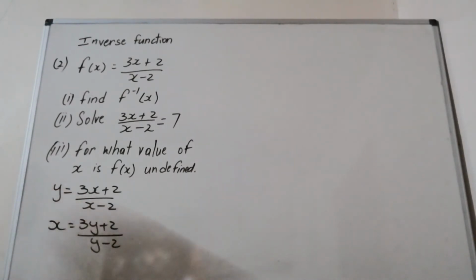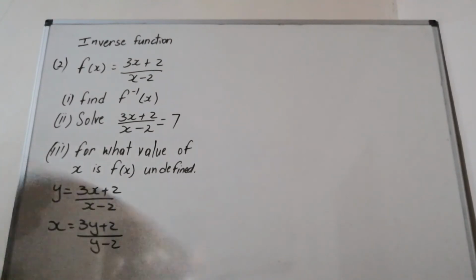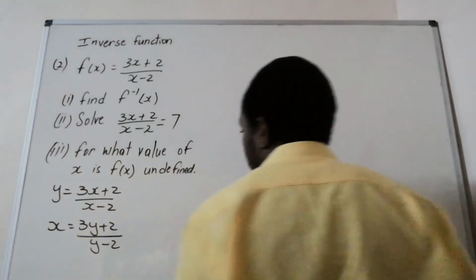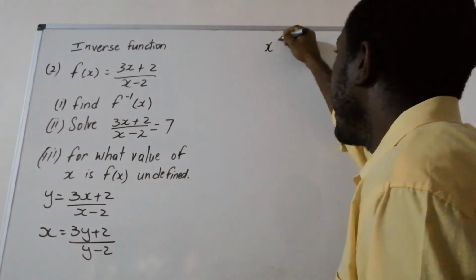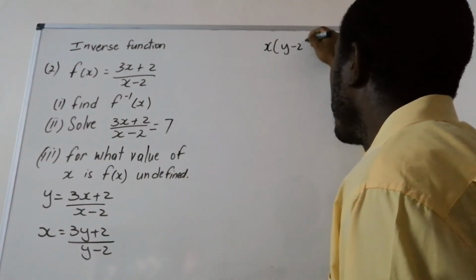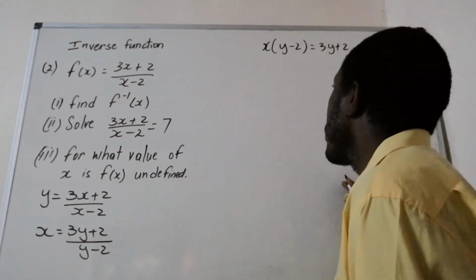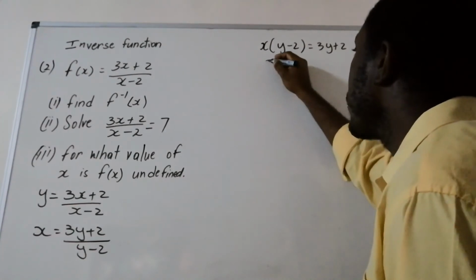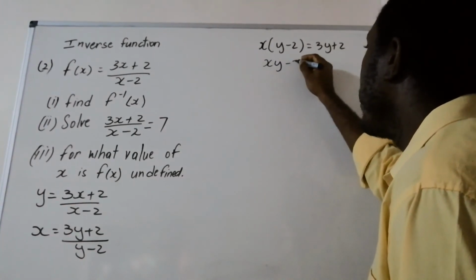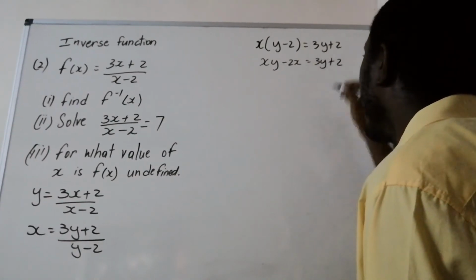Alright? Next step, we remove our denominator. We start with our denominator and take it over. So in bringing over our denominator, we will have x times y minus 2 is equal to 3y plus 2. So we remove the bracket by multiplying throughout by x. We will have xy minus 2x is equal to 3y plus 2.